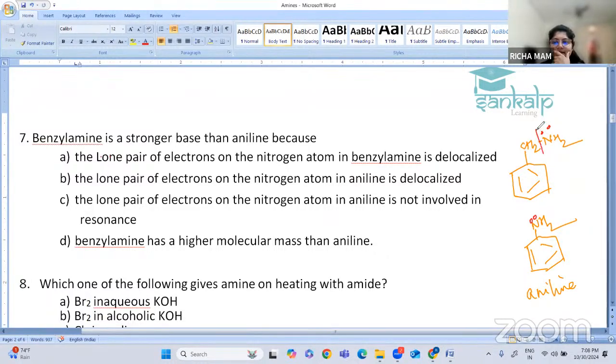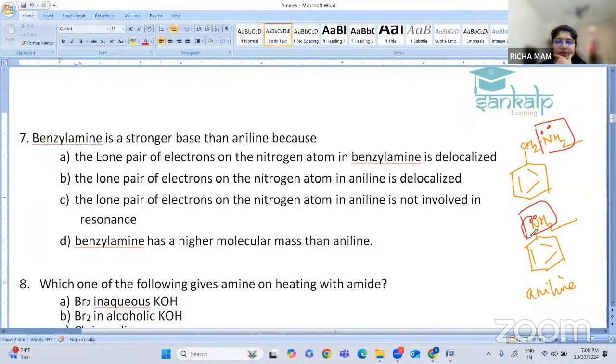When you see the placement of the amine group in aniline, the lone pair of electrons on the nitrogen atom is delocalized.